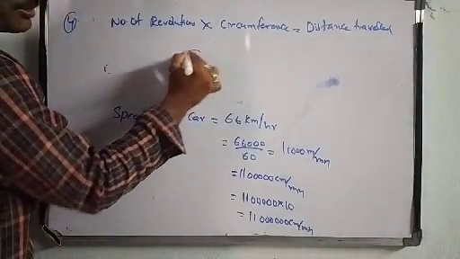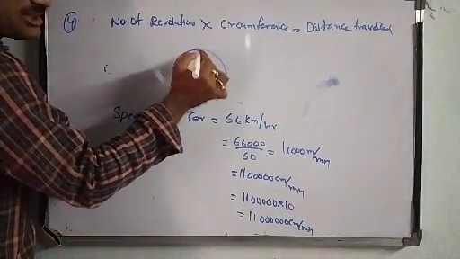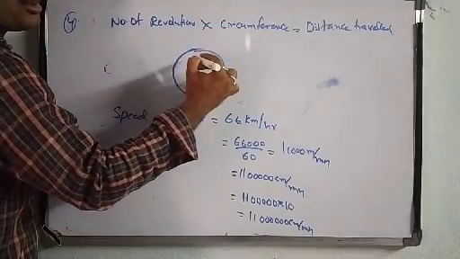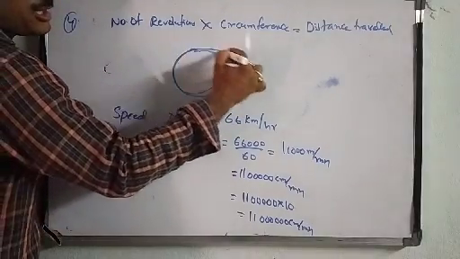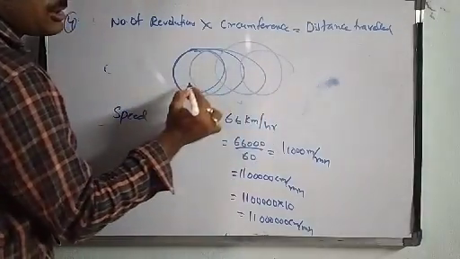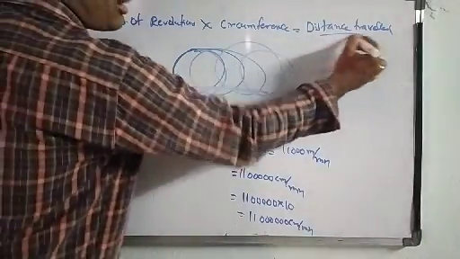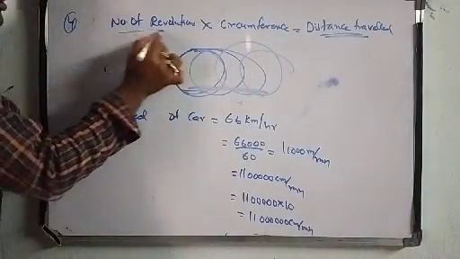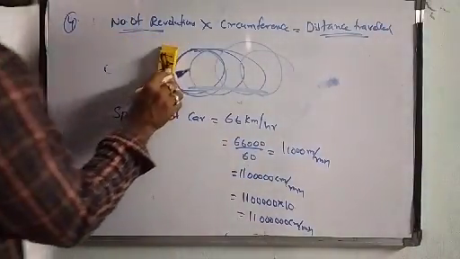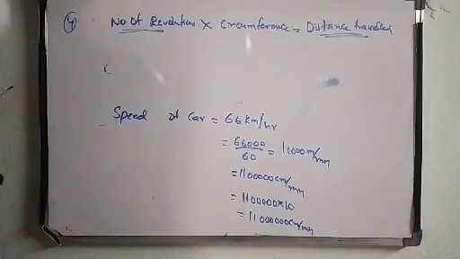For example, this is the circle, it means the tire of the car. If it makes one revolution, next it has to make another revolution like this, and another, so that it moves forward. So it is covering some distance. How much distance it covers depends on how many rotations it makes with the circumference, so we need to find the number of revolutions.